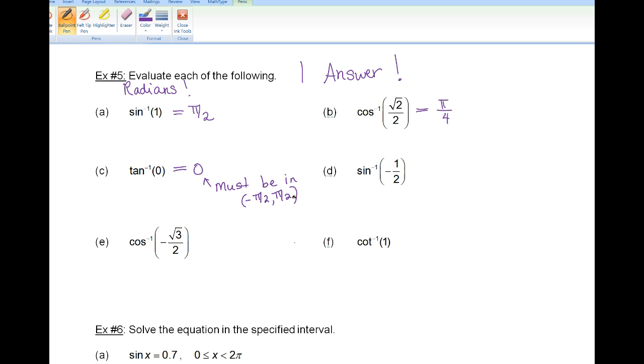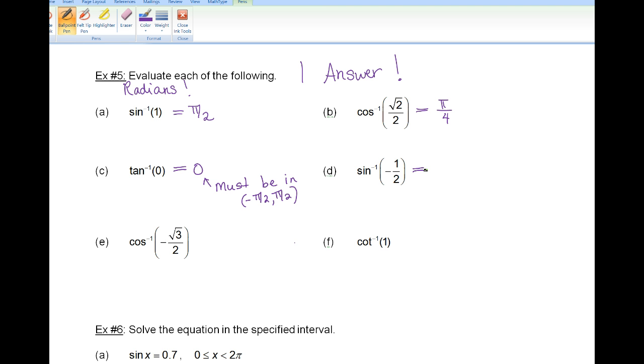The answer for tangent has to be between negative pi over 2 and pi over 2. Where is 0 according to that? Right in the middle. How do you know you have to go that way?